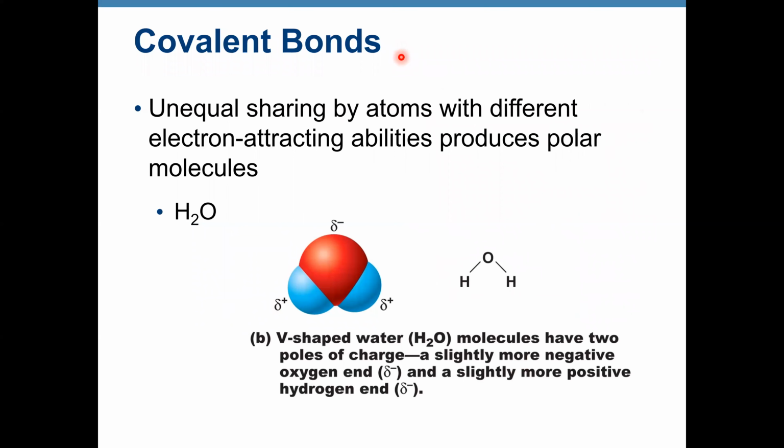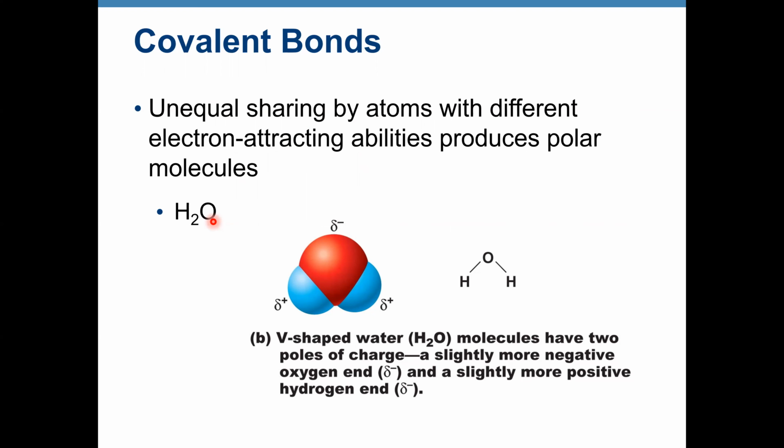Covalent bonds, however, can be polar covalent bonds, and this happens when atoms share their electrons not equally, right? Unequal sharing by atoms with different electron attracting abilities produces a polar molecule. The example would be a water molecule.